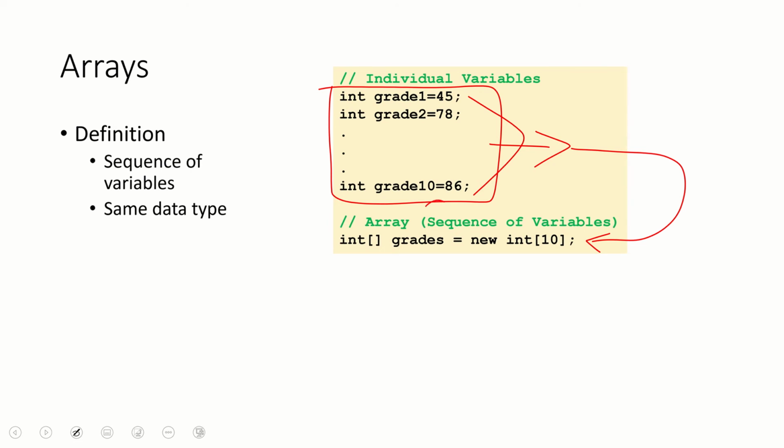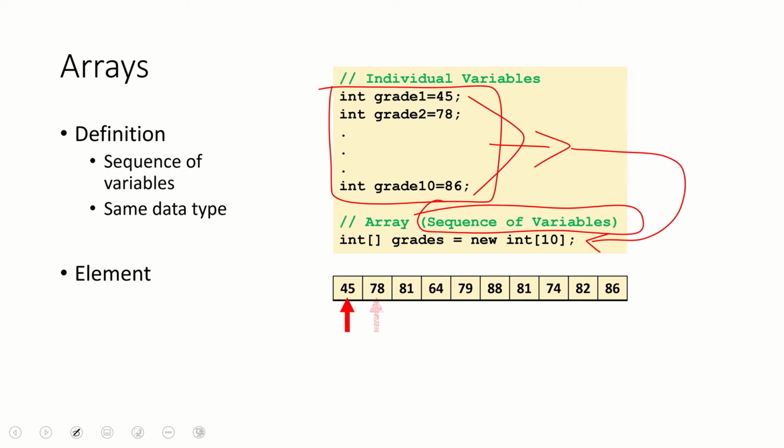This array is a sequence of variables. What is a sequence of variables? Once you store them into the array, you store first grade 1, grade 2, until grade 10. They go into the list based on the sequence and are stored as different elements.